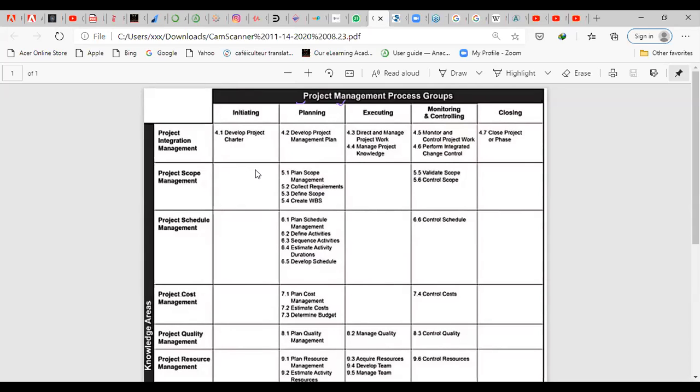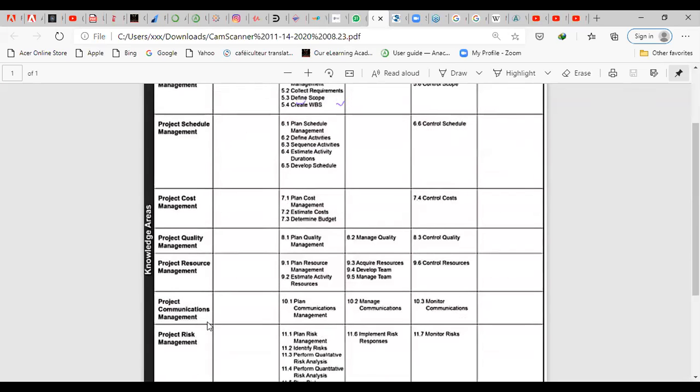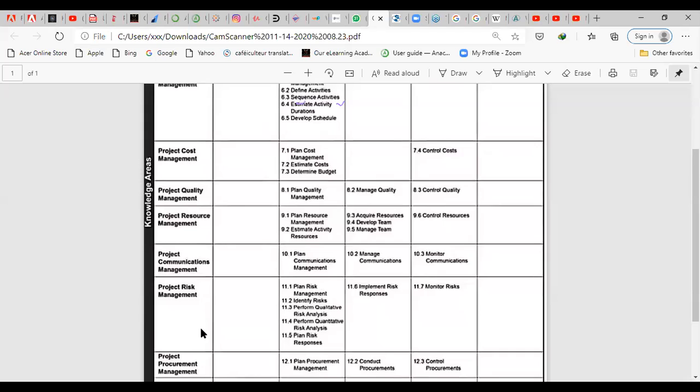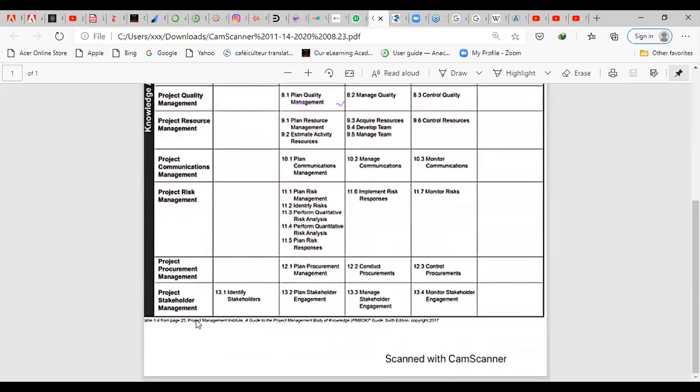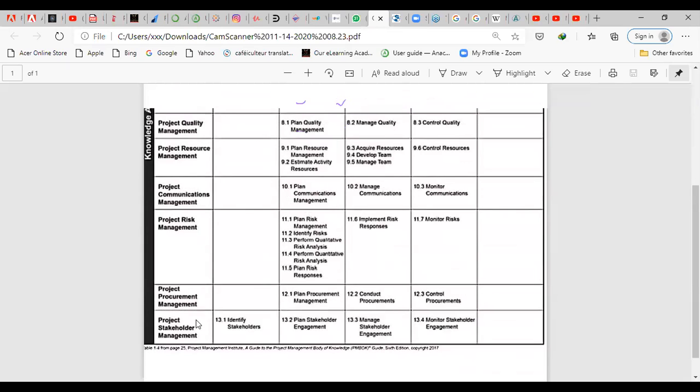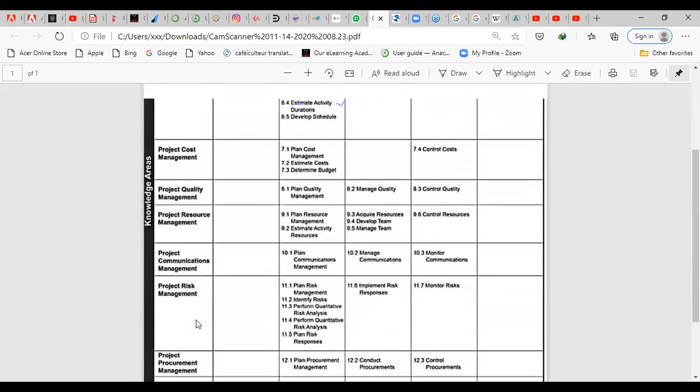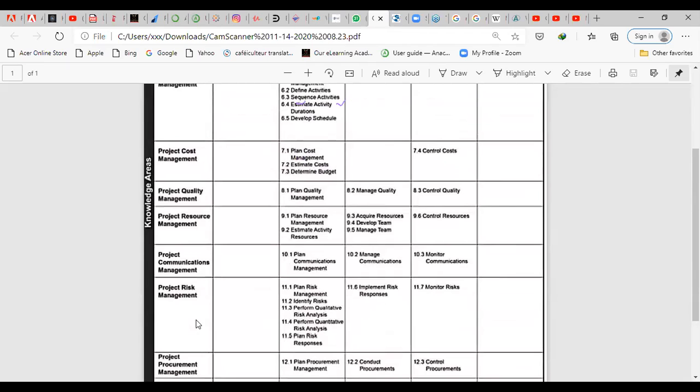You need to know how to integrate, how to manage the scope, the schedule, the cost, the quality, the resources, the communication, the risk involved, procurement processes, and stakeholder engagement. These are the knowledge areas, the things that we need to know.